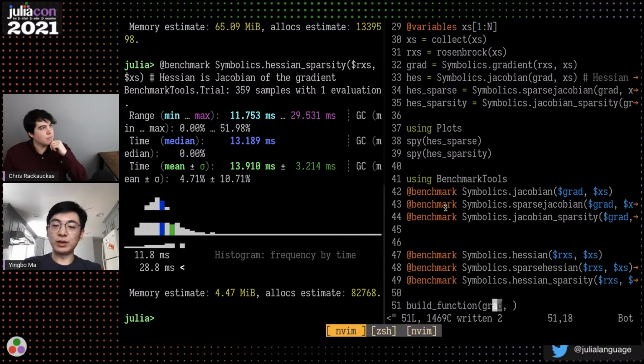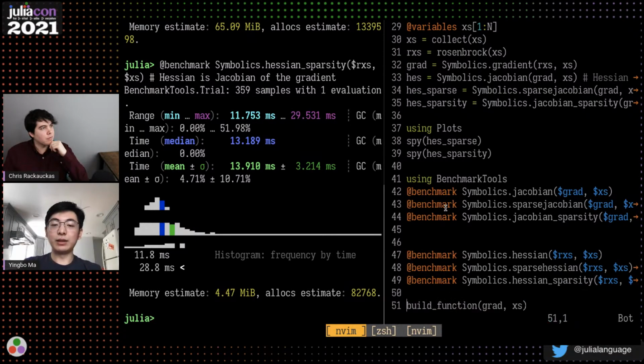So the first argument is going to be the symbolic expression that we want to evaluate using this function, and then the rest of the positional arguments must be the inputs of this function. So the input of this gradient, of course, is the axis.